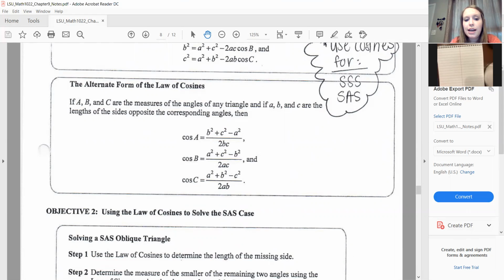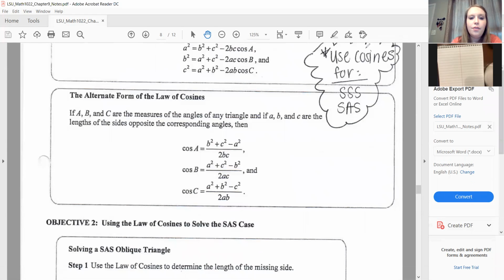So you would do cosine inverse of all of this right here. And again, I would put your numerator in parentheses and divide by your denominator, then have the whole thing in parentheses and cosine inverse of all of that. I will write it down when we get to the problem on my pad over here so you can see how to enter it to make sure it's clear. But it's a promise that it's pretty easy.